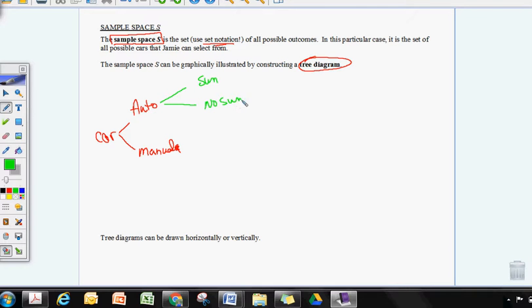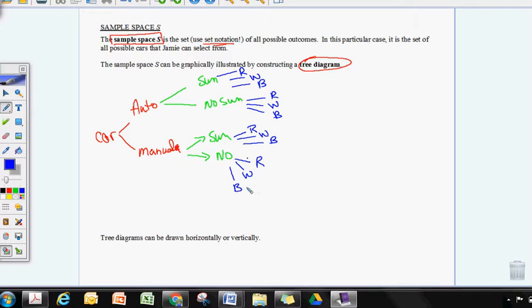And I could have that for the automatic, and I could have either a sunroof or no sunroof in the manual. And then I could pick red or white or black in the sunroof with the automatic, or red or white or black for the no sunroof, or I could pick red or white or black, and I think you guys are getting the idea, red or white or black.